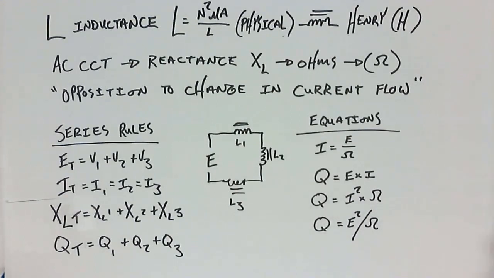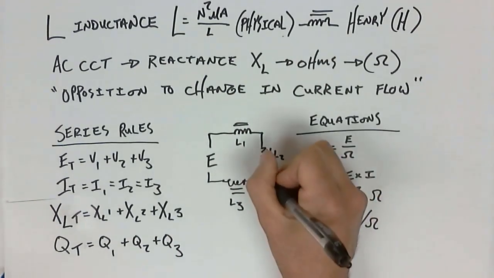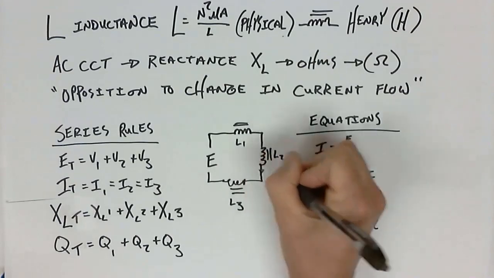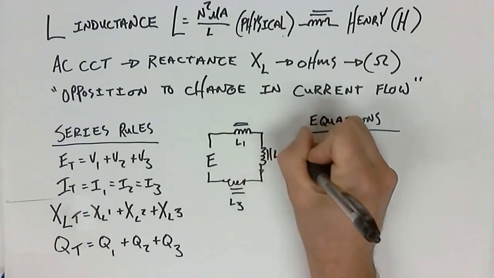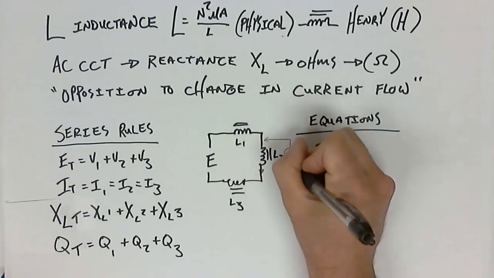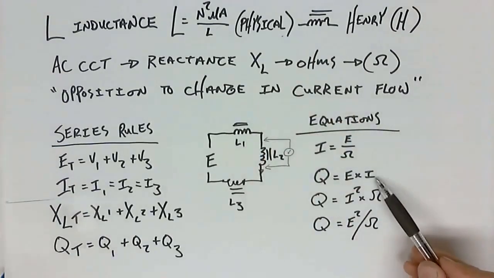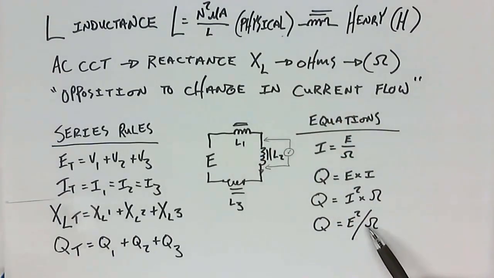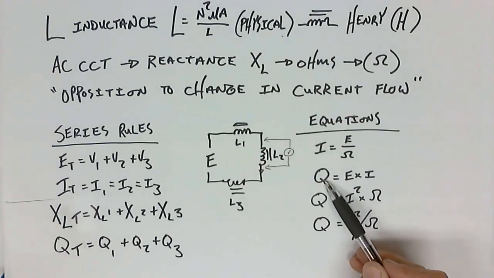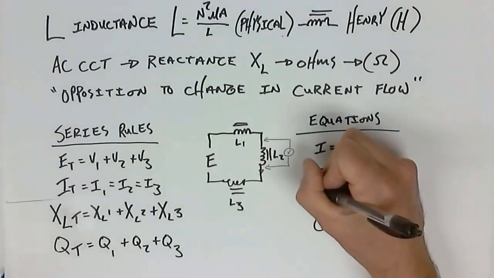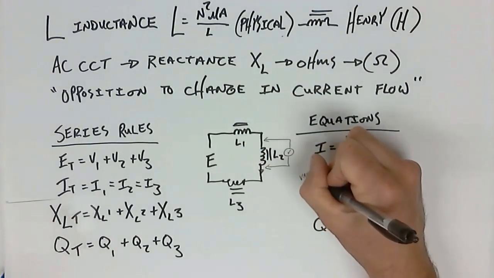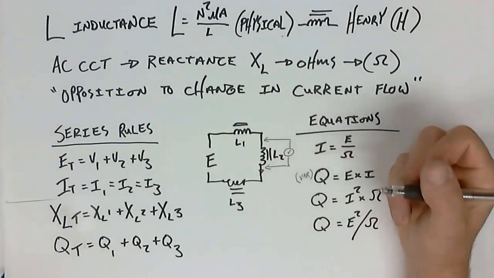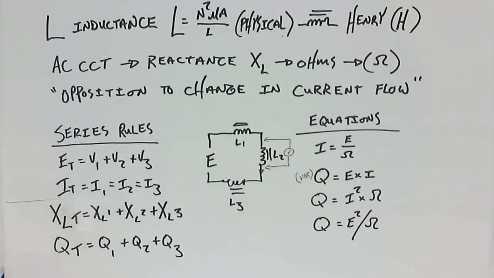So it's important to understand that if I take individual values of current and voltage across an inductor, by applying these rules, all I have to keep in mind is that rather than watts of power being calculated, I'm calculating vars of inductive reactive power.